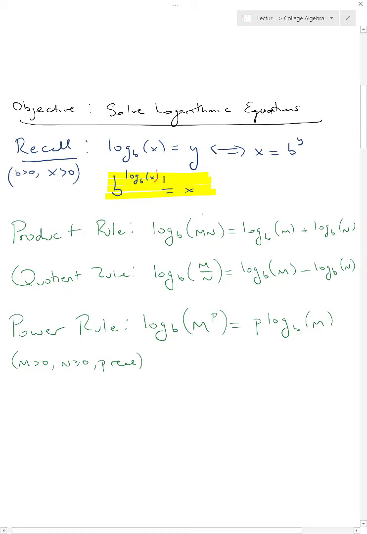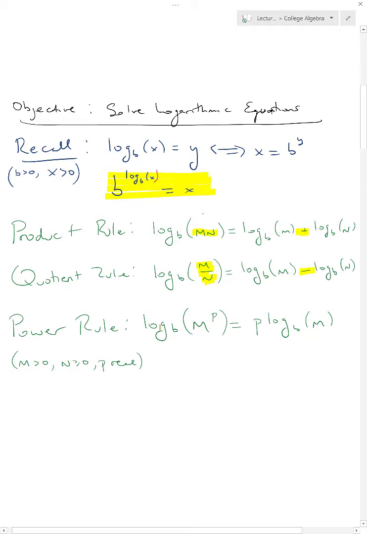We also have the three properties of the logs that allow us to manipulate logarithmic arguments and to simplify the logarithms. So our three properties are the product rule, which states that log base b of a product, m times n, becomes the sum of the logs. Log base b of m divided by n, the quotient rule, states that the log of a quotient becomes the difference of the logs.